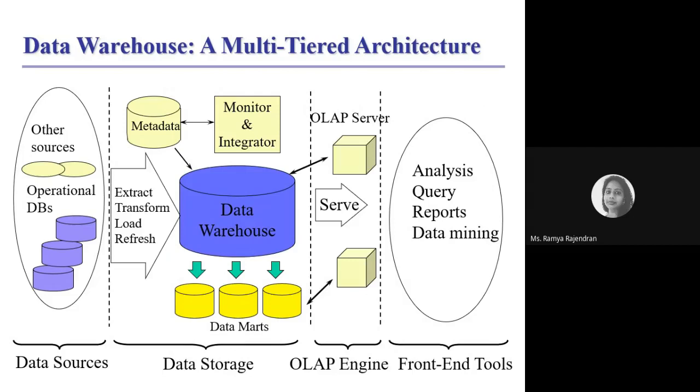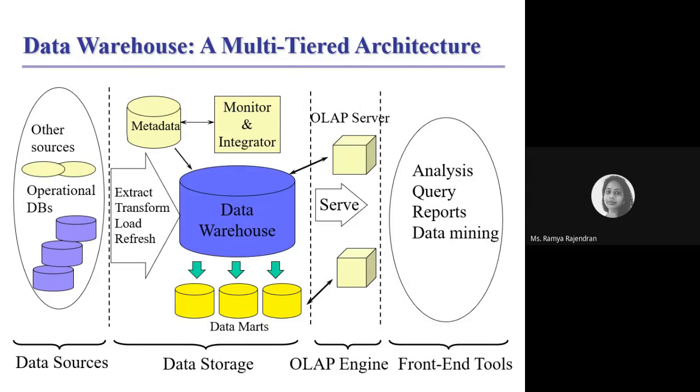Then you'll be monitoring all this, and the data warehouse will have multiple data marts. For example, we said an organization stores information based on the subject matter, right? Based on sales, finance, HR. So maybe this is a data mart which stores about a particular subject. Okay, so we'll have multiple data marts. So data marts are part of data warehouses.